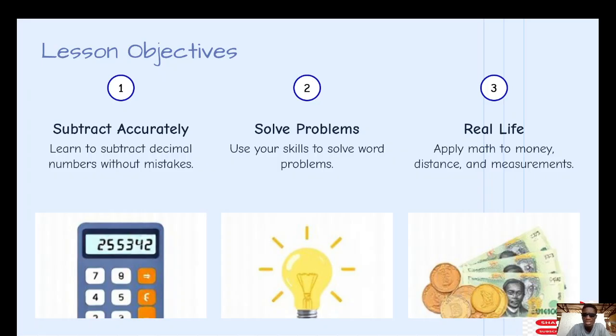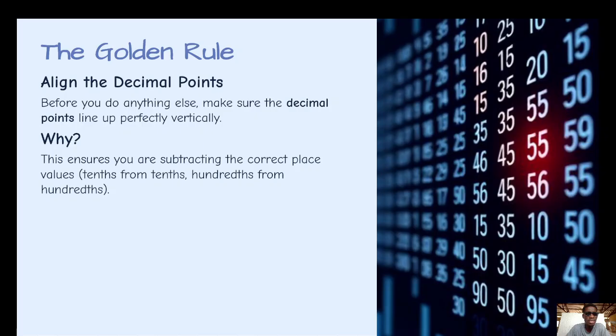But before we get right to solving some examples as far as subtracting decimals is concerned, let's note this key rule because it is the golden rule that will help us get accurate answers. It says, before you do anything else, make sure the decimal points line up perfectly vertically.